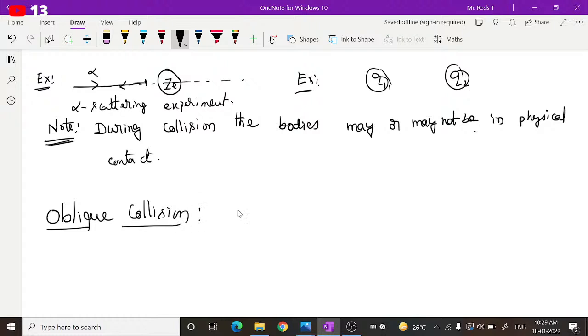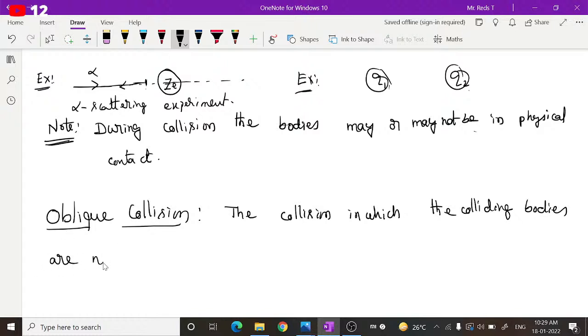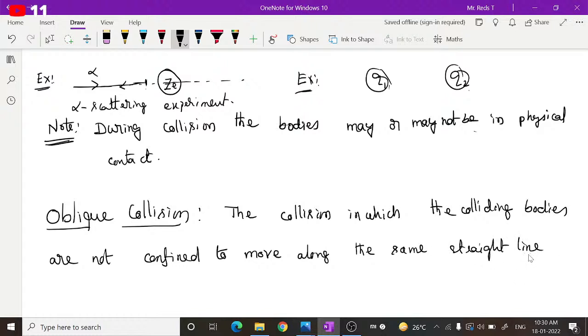Oblique collision. So what is oblique collision? The collision in which the colliding bodies are not confined to move along the same straight line before and after collision.